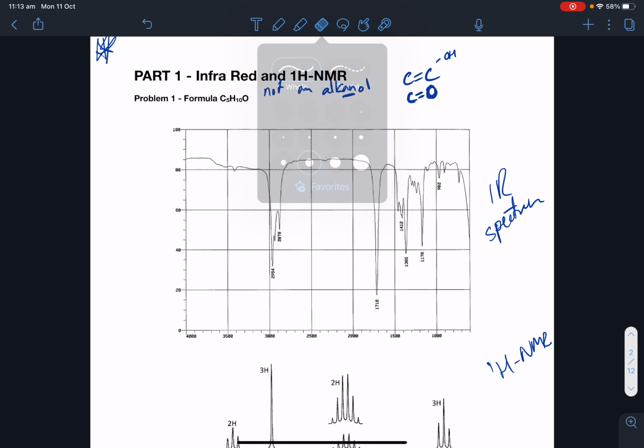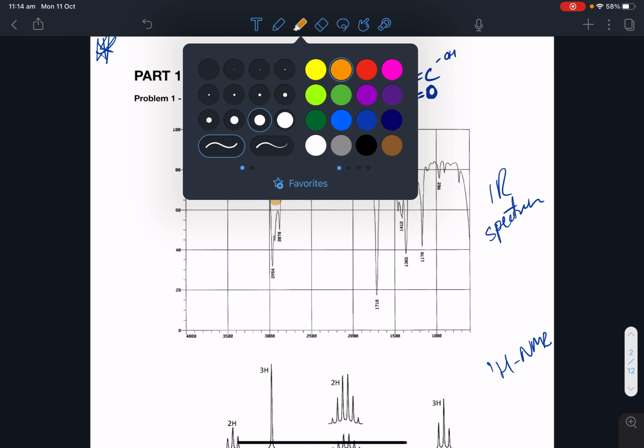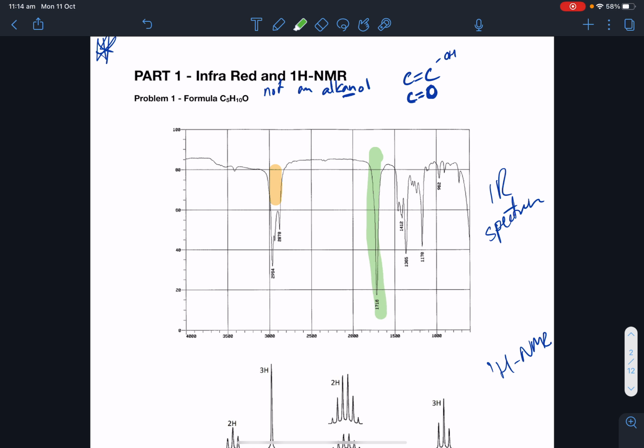We can look at our spectra here and see what we've got. This area of the spectrum is not telling us much, but the thing that jumps out to me is this deep peak here. Remember, when looking at IR spectra in our course, nice and simple, we're looking at this region and this region, and it tells us if we've got any oxygens bonded.